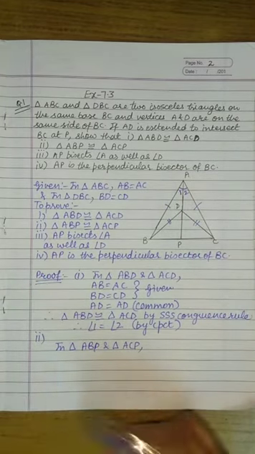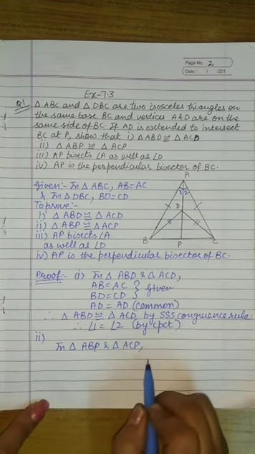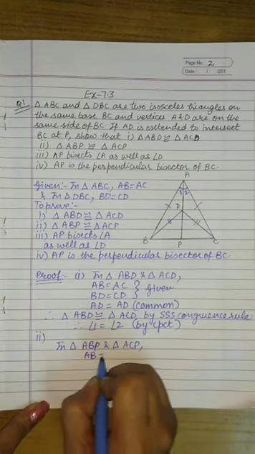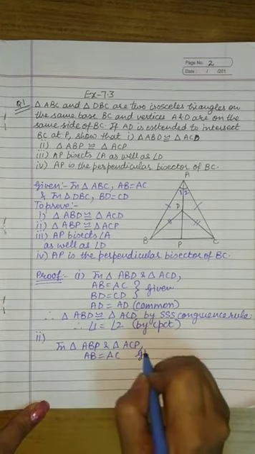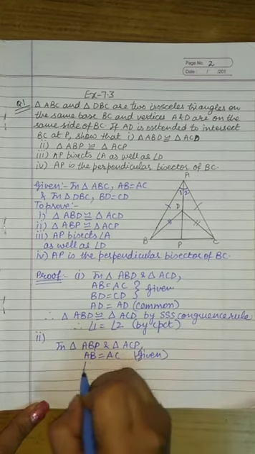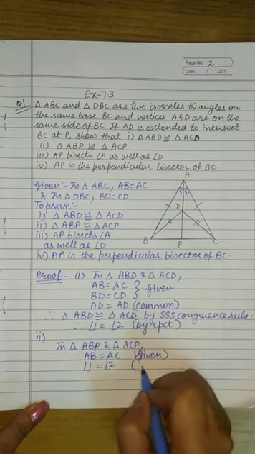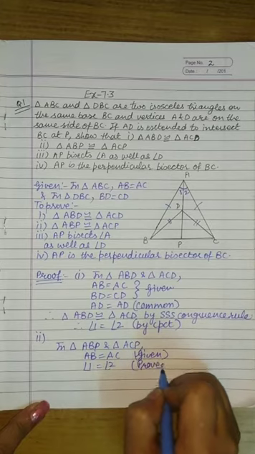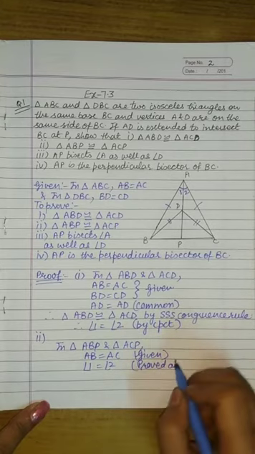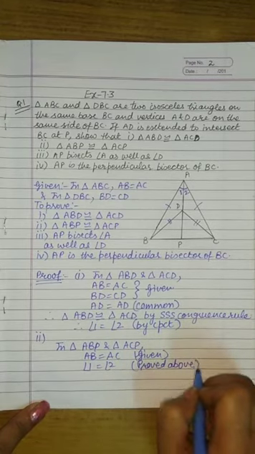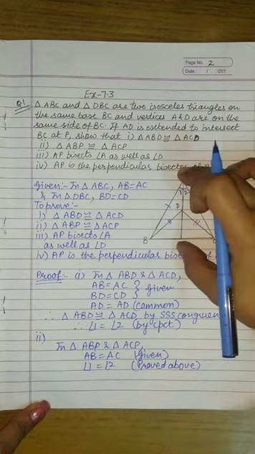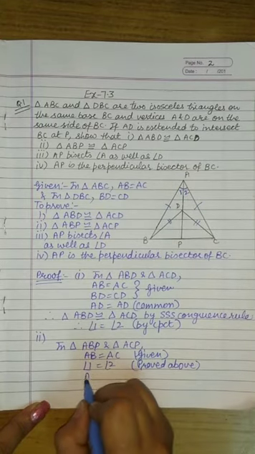So we will write in triangles ABP and ACP, AB is equal to AC, which is given to us. Angle 1 is equal to angle 2, proved above. We have already proved by CPCT that angle 1 is equal to angle 2. And third is AP is equal to AP, common.